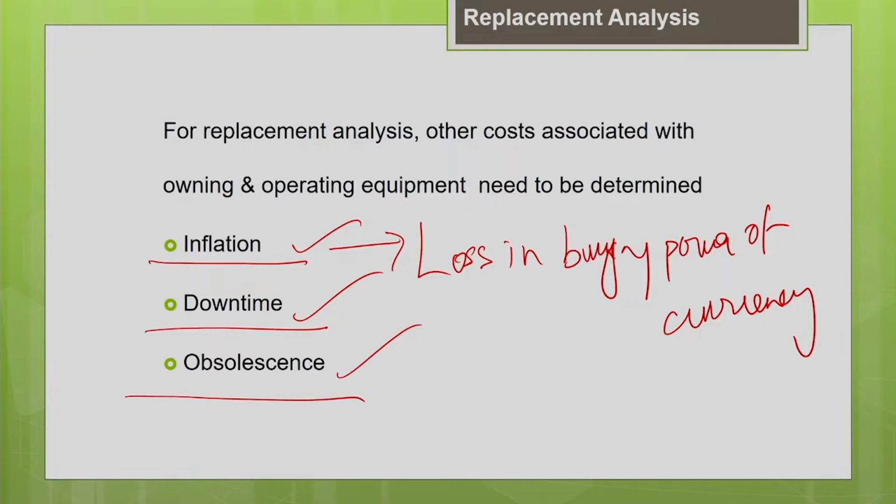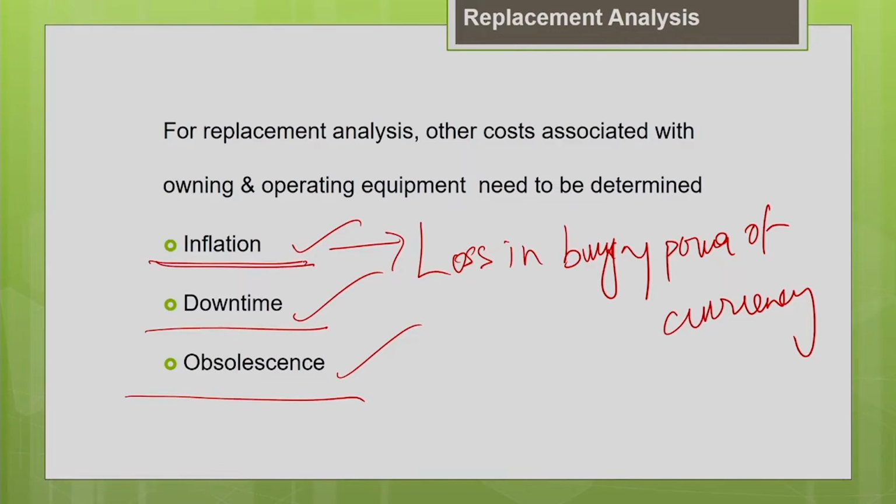Obviously the cost of the machine would have increased with time. That is the effect of inflation. So when we plan for replacement and do the replacement analysis, this increase in cost with time due to inflation should also be incorporated in the cost estimation.